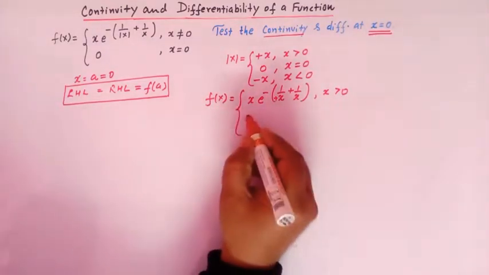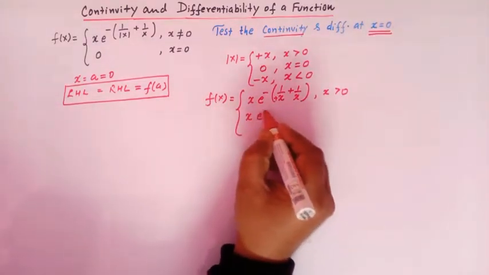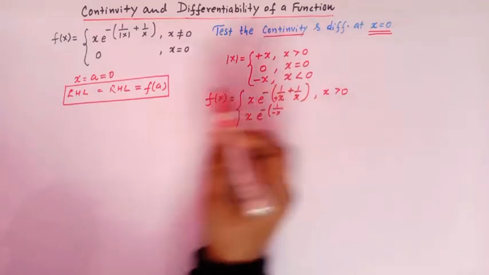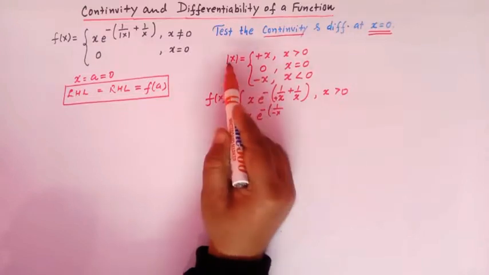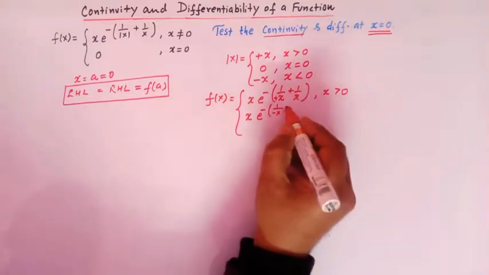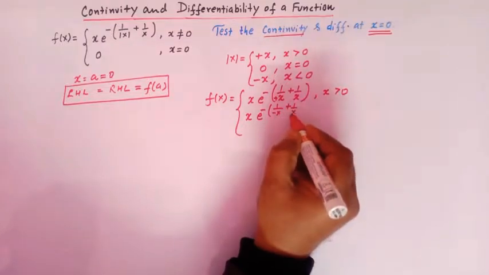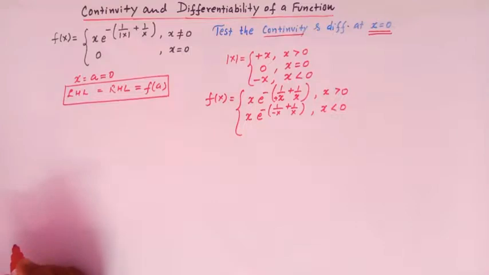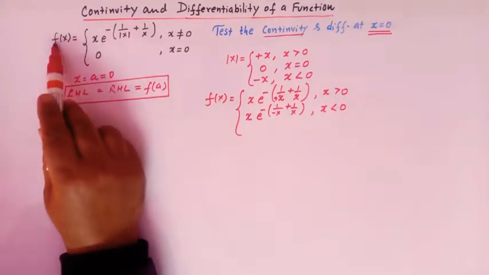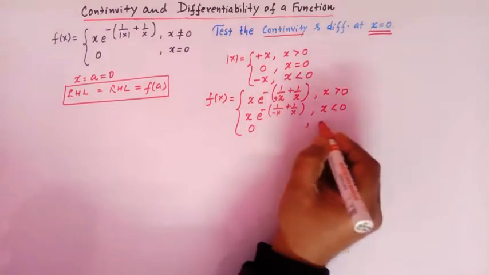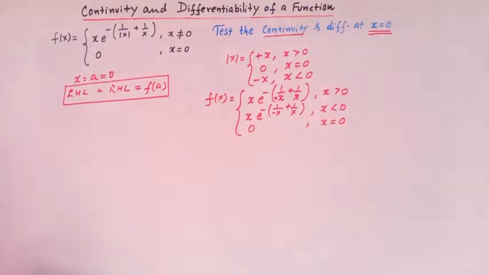And f of x is equal to x times e raised to minus 1 over minus x, because we are now taking mod of x is equal to minus x whenever x is less than 0, right? So here we have x less than 0, and our function f of x is equal to 0 whenever x is equal to 0, right?